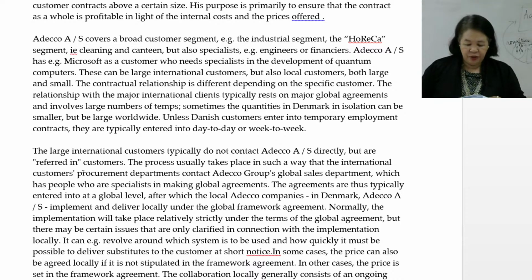The relationship with the major international clients typically rests on major global agreements and invoices large numbers of temps. Sometimes the quantities in Denmark in isolation can be smaller, but be large worldwide. Danish customers enter into temporary employment contracts, which are typically entered into day-to-day or week-to-week.